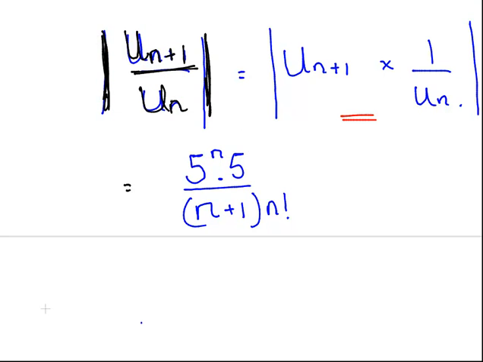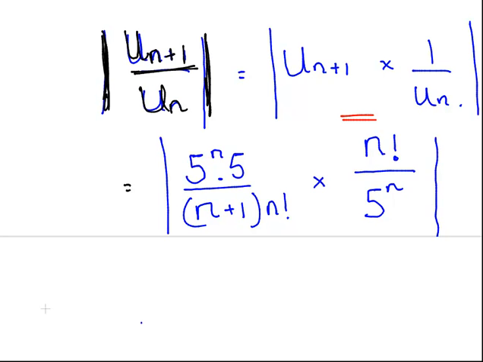Now we multiply by 1 over u of n, which is n factorial over 5 to the n.